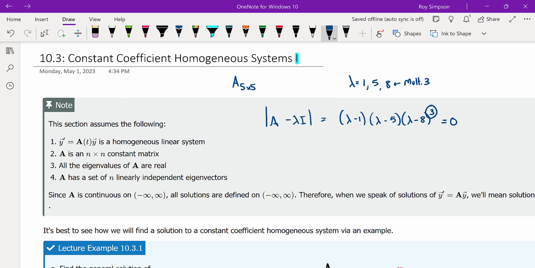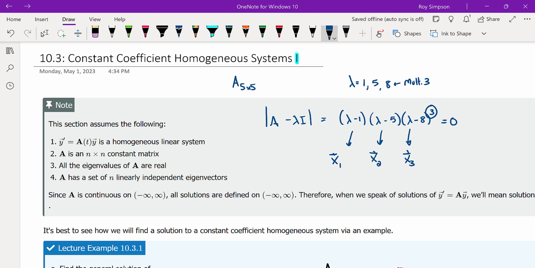We actually call that the algebraic multiplicity of that eigenvalue, but you don't really need to know that unless you're in linear algebra. Now, each one of these eigenvalues, both 1 and 5, as well as lambda equals 8, will provide their own distinctly different and linearly independent eigenvectors.